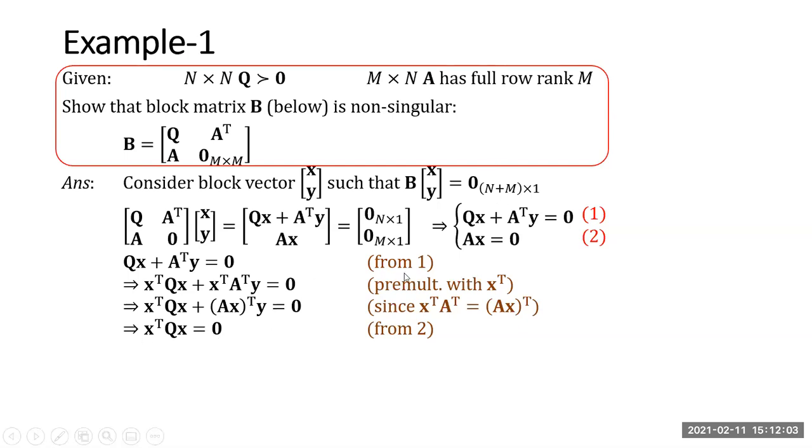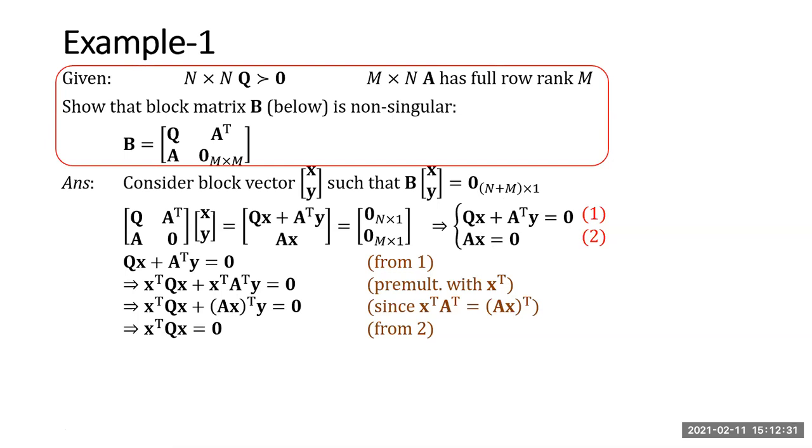Therefore, Ax transpose y must also be equal to 0 from equation 2. I just replace Ax with 0 here, and so this term vanishes. So what we are left with is X transpose Qx equals 0.